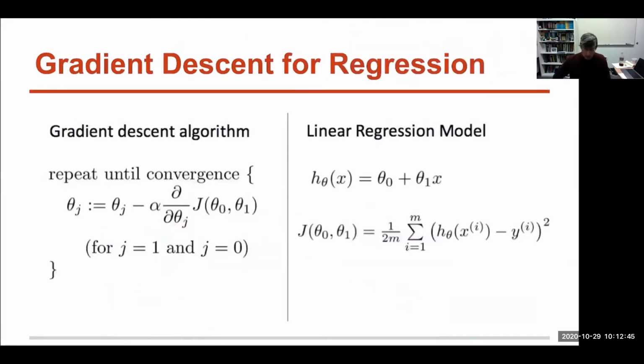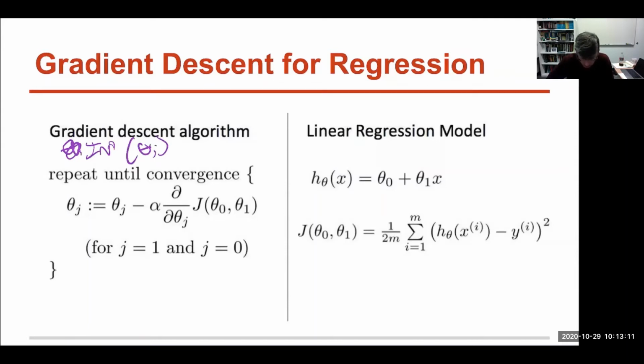So what is the algorithm for gradient descent search? Basically, we're going to start at some arbitrary set of parameters. You can start wherever you want. Initialize w. Here they call the parameters theta.